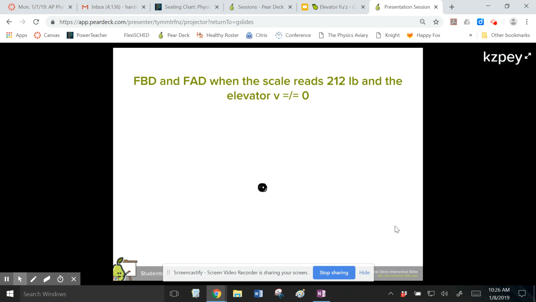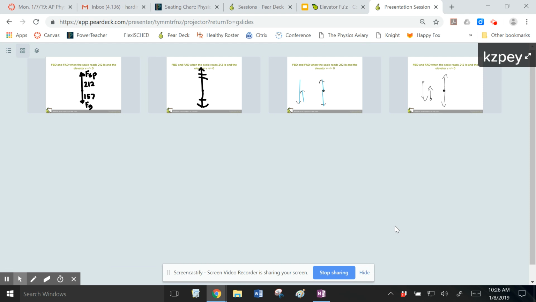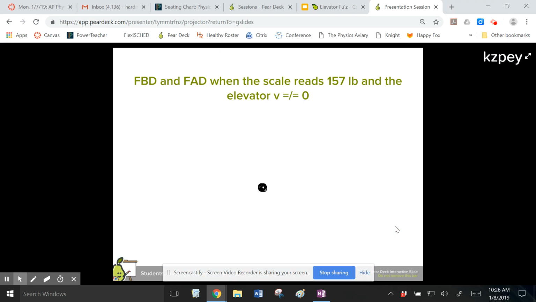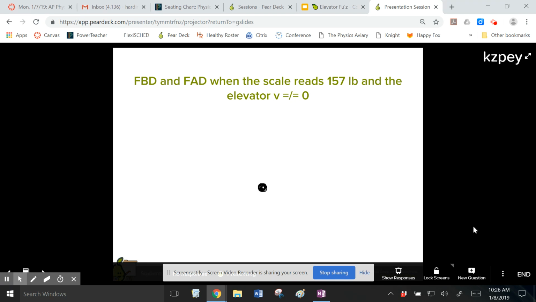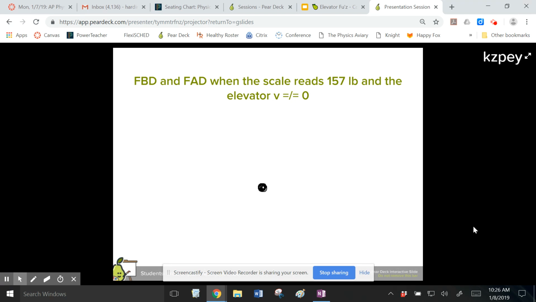So, let's see. So the next one then. This is for situation 3. The scale reading is again 157. But the velocity isn't 0 anymore.